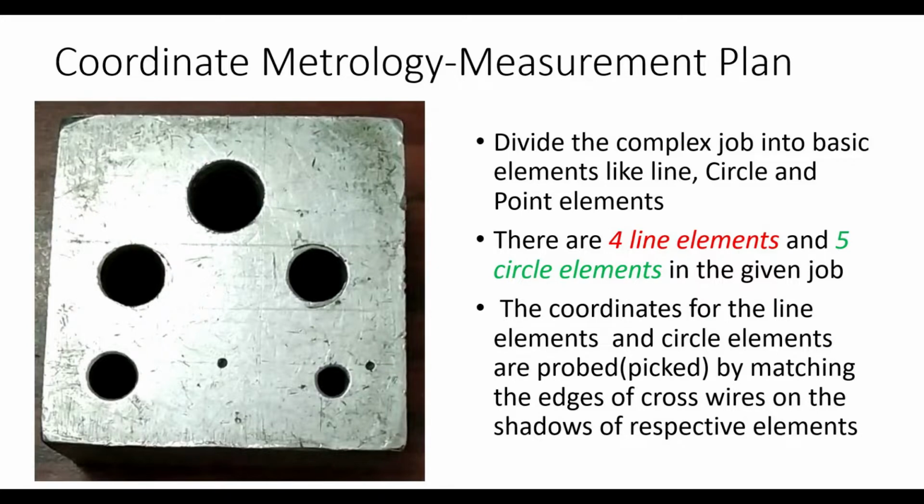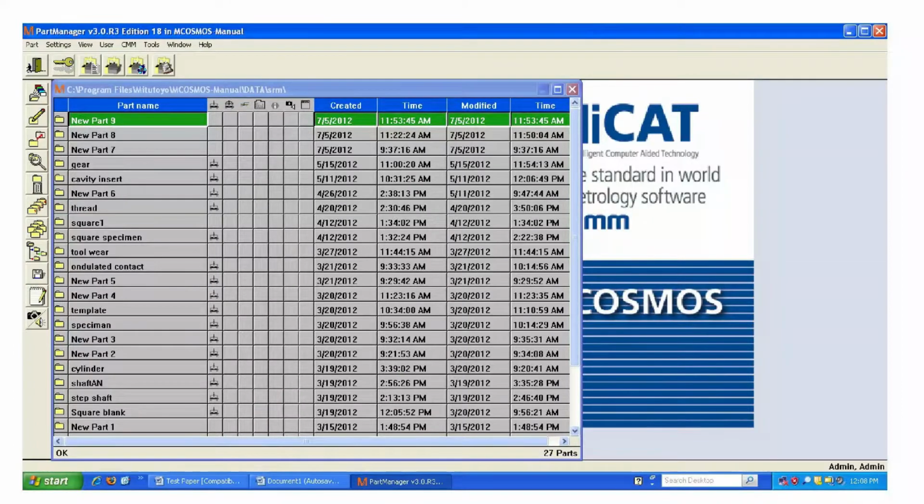So first let us start the software. The software integrated with this system is mCosmos. When you click the mCosmos icon, you will get the part manager screen. In that you have to click the CMM learn mode, the 4th icon.